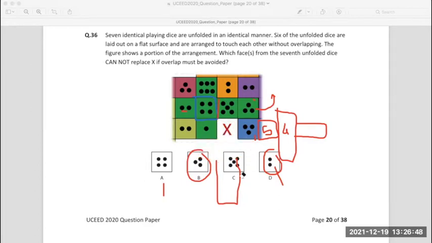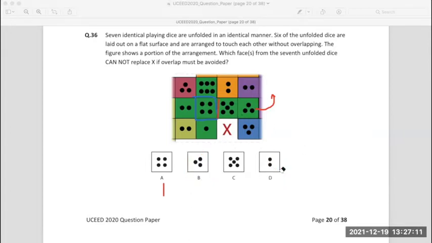So what will be the answer? What is the correct answer? What is asked? D. What is asked is: which faces from this unfolded dice cannot replace X if overlap must be avoided? What will be the answer?